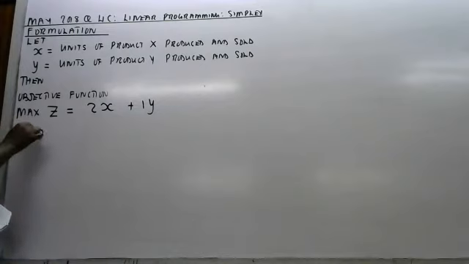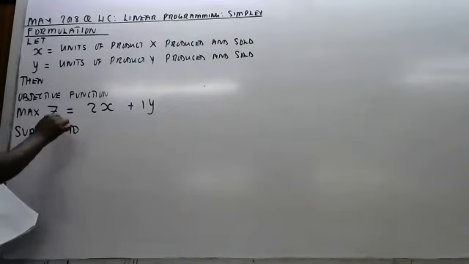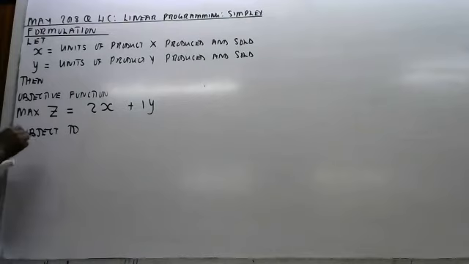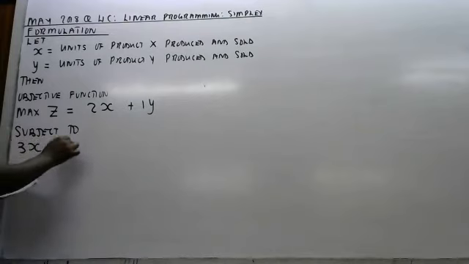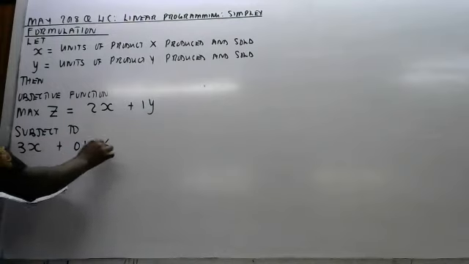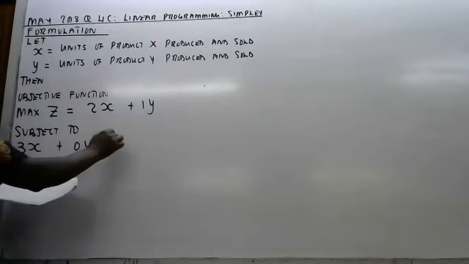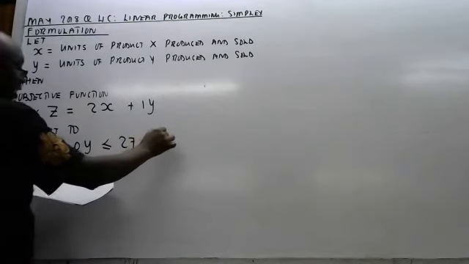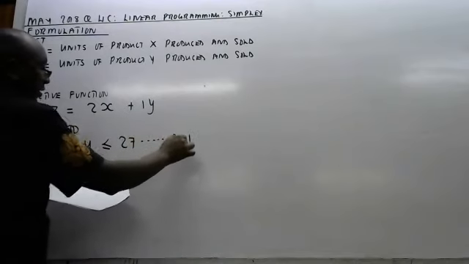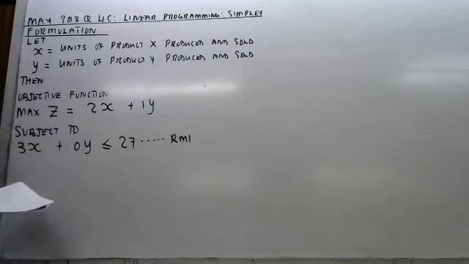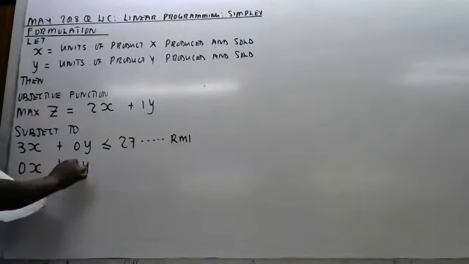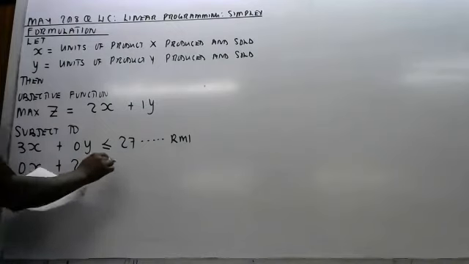Now subject to 3X plus 0Y being less than or equal to 27. And this is raw material 1. 0X plus 2Y is less than or equal to 30.